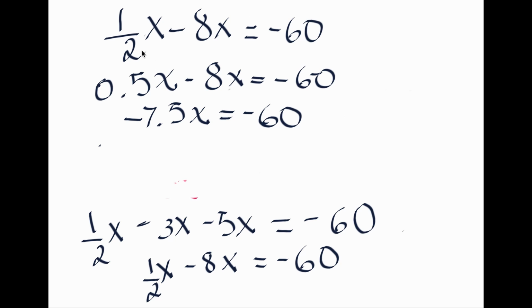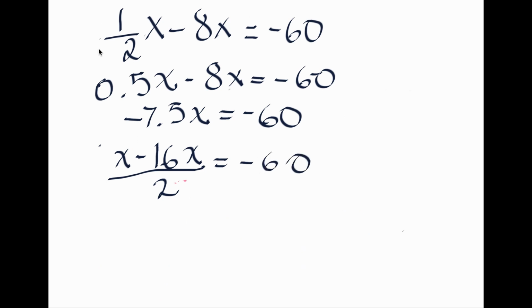Another way to look at this, it would be if we do the cross product of this. So that would be x minus 2 times 8 is 16, x all over 2 equals negative 60.